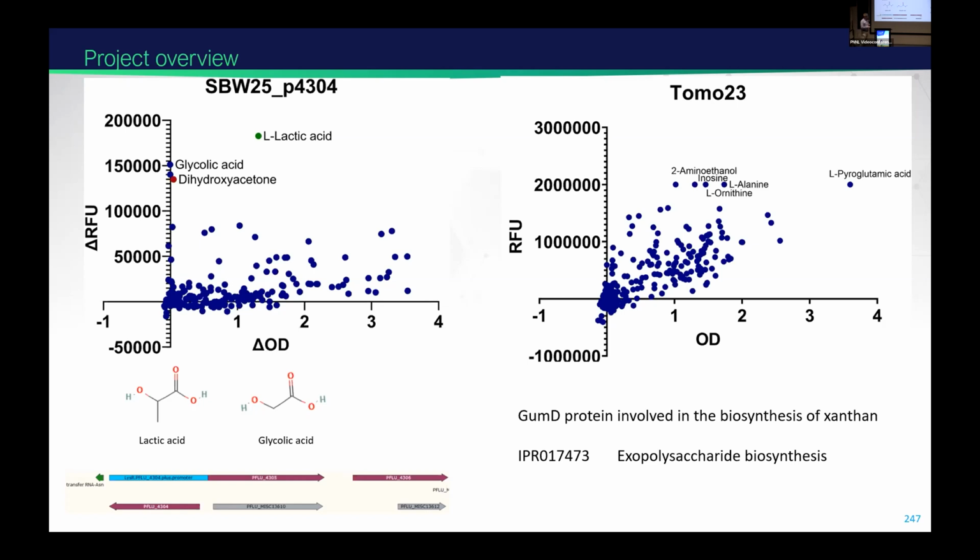And then on the right, we have another example. This is one of the sensors that Yasuo's lab has developed. What's unique about those, and I'm not going to talk about it in detail, is that they express a promoter library inserted into a landing pad with a GFP signal, and then they were able to look by transcriptomics at which promoters were activated during colonization.